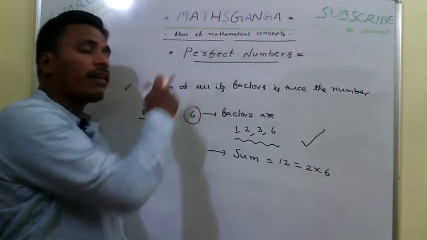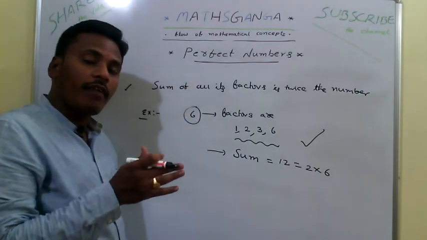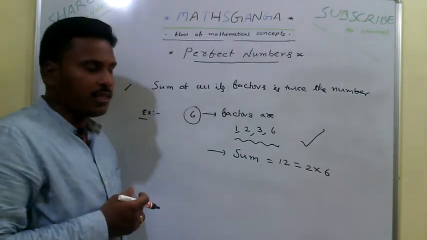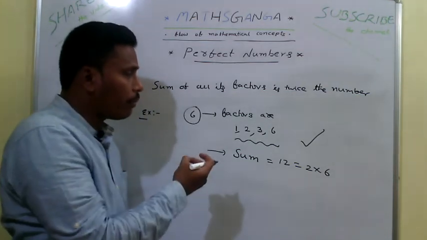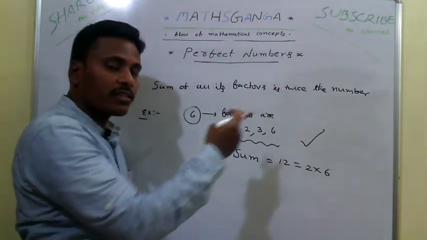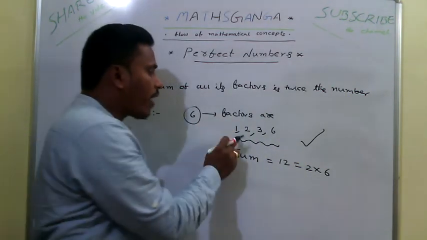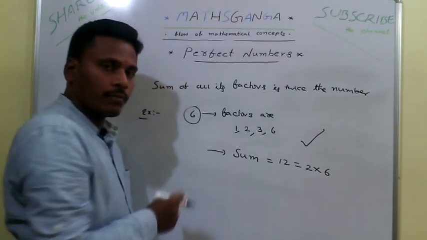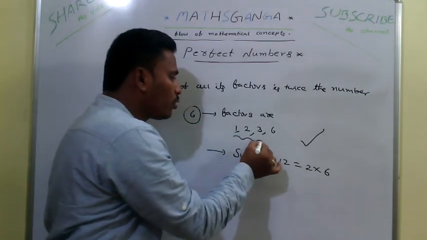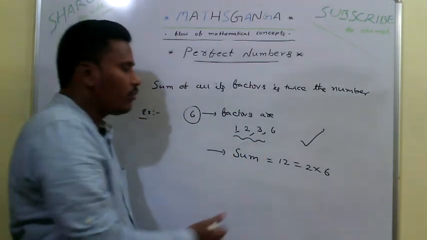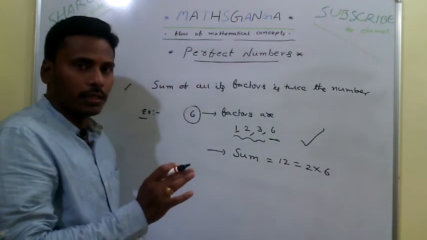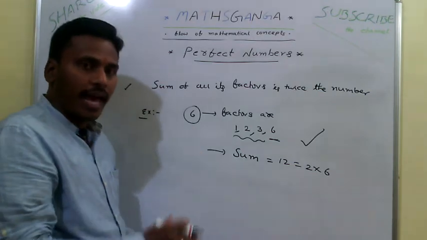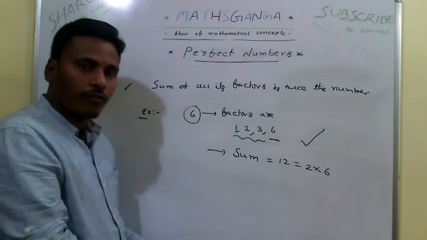See, the perfect number is also defined in some other way. One way we mentioned is that for a perfect number, the sum of all its factors is twice the number. Among the factors 1, 2, 3, 6, we call 1, 2, 3 proper factors, and we call 6 the improper factor. For every number, the number itself is a factor, which is called the improper factor.